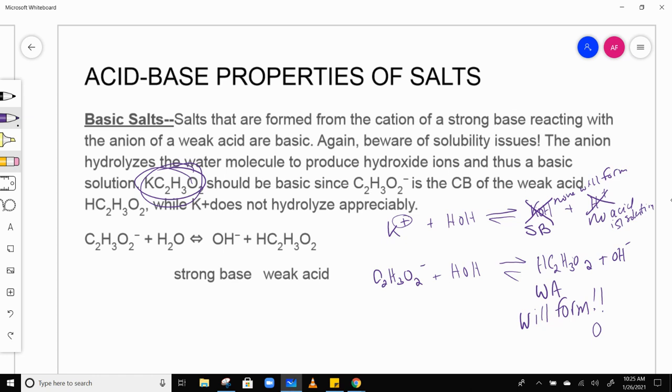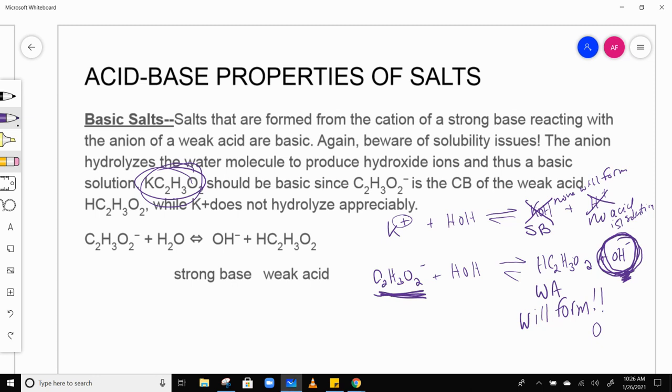what is also going to be in solution? This is also going to be in solution. So as this reacts with the water, we're going to be producing OH minus ions. So what kind of salt would this be, acidic or basic? Would this be basic or acidic?